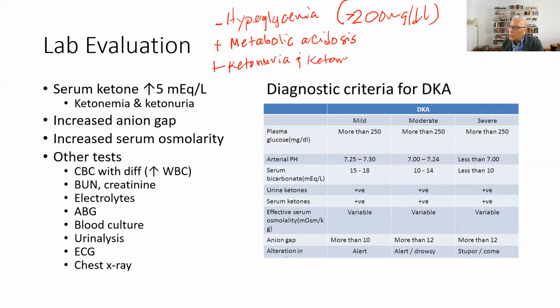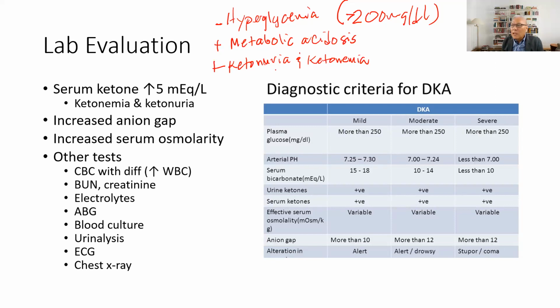Okay, so these are ketones in the blood as well as in the urine. So this is going to be the typical findings of diabetic ketoacidosis.